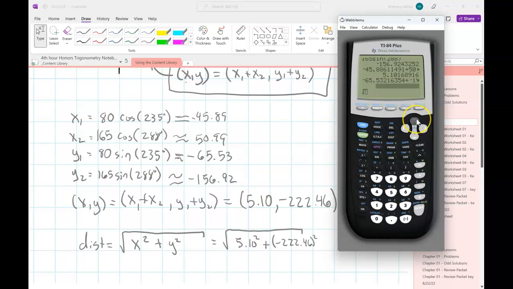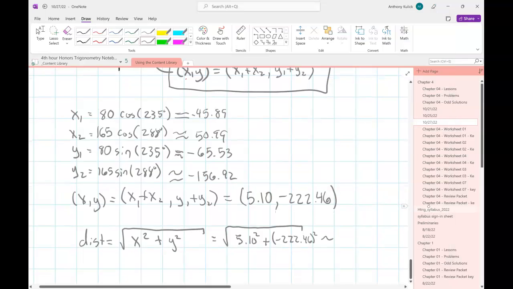Well, that's awful nice. So I get 222.51 for my total distance, which makes sense, right? And this would be nautical miles as my unit.